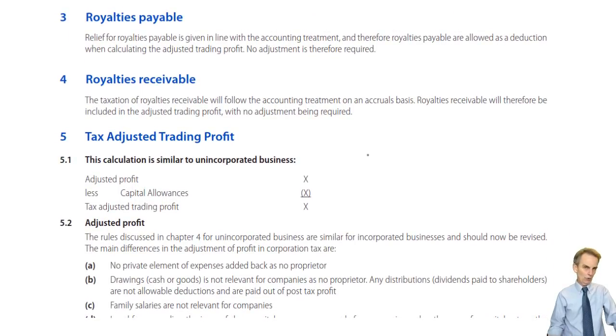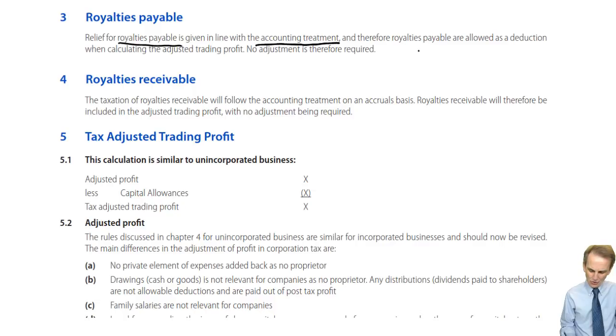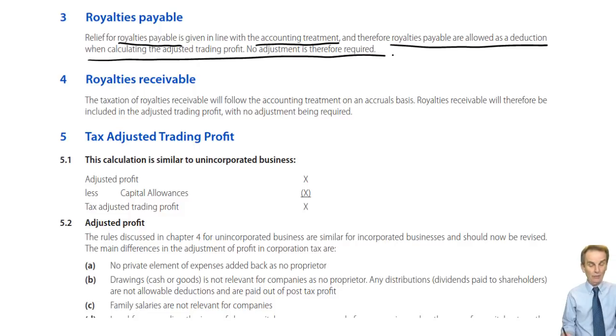Firstly there, royalties. Again, patent royalties that may be payable go in line with the accounting treatment, and therefore royalties payable are allowed as a deduction when calculating the adjusted trading profit. So if we are presented with a statement of profit or loss, where debited on that statement, deducted in deriving the accounting net profit, there are royalties payable, then that's fine, no adjustment would be required.